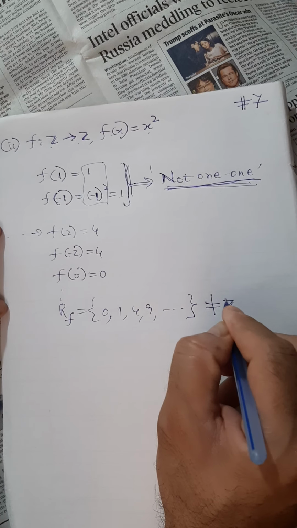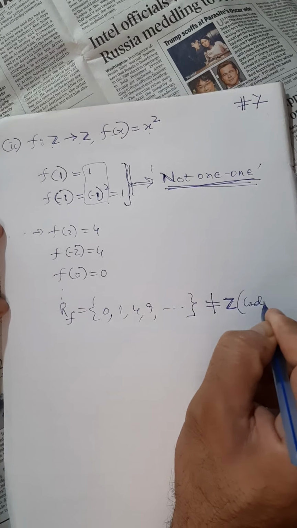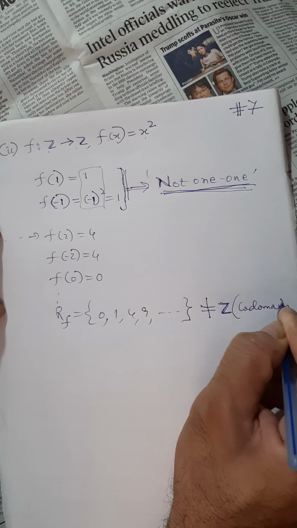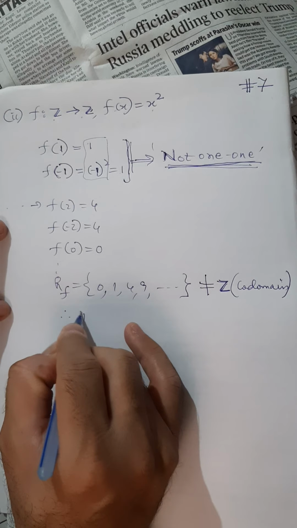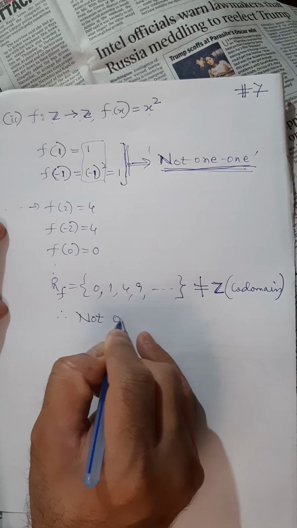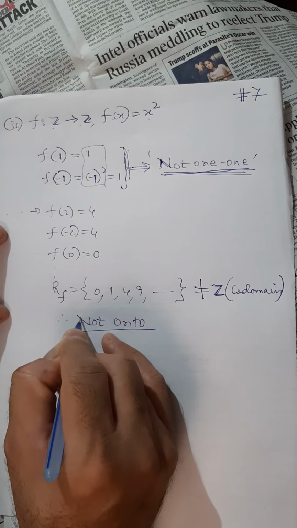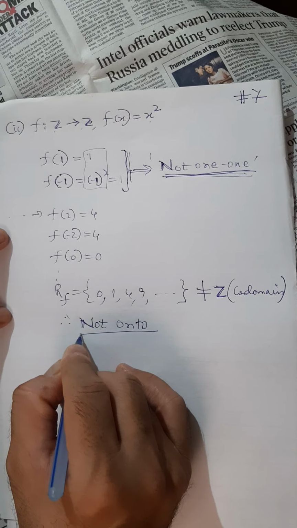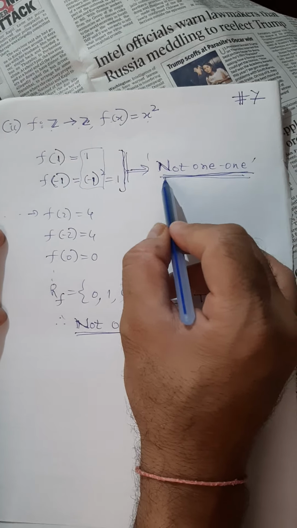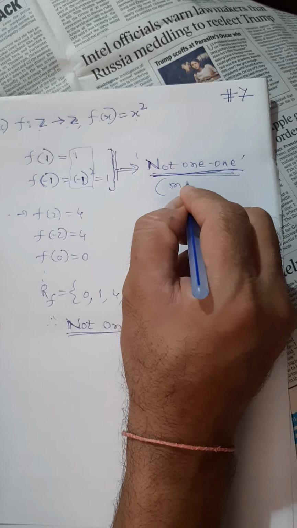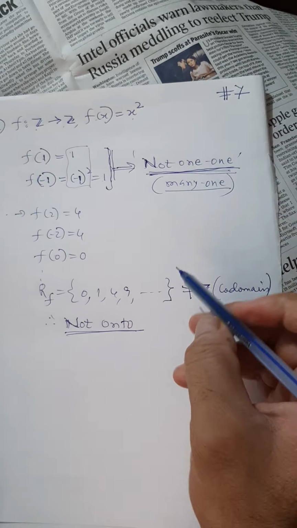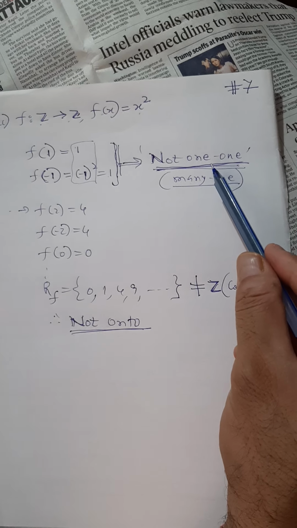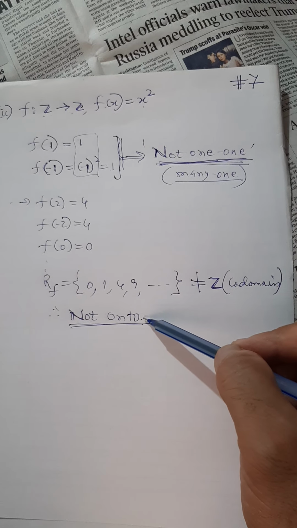No, here codomain is Z, the second set is Z. So what is your conclusion? Not onto. So this is a function which is neither onto nor 1-1. This is also called a many-one function, remember. Not 1-1 means many-one.